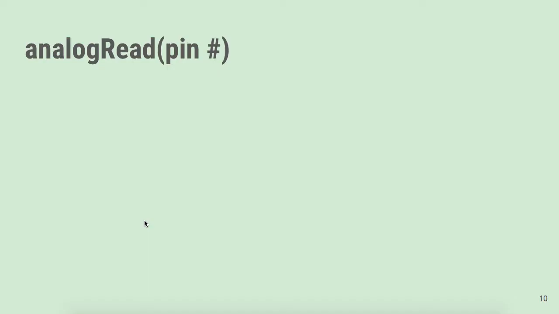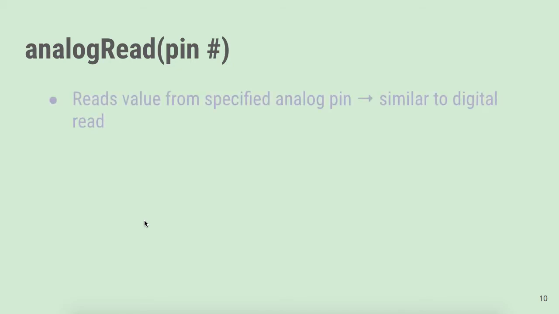Okay, so we talked about if statements. We also have to talk about analog read. We haven't introduced any analog commands yet, so this is going to be our first one. Remember, we've only done digital write to turn on some sort of LED. So analog read reads the value from the specified analog pin.